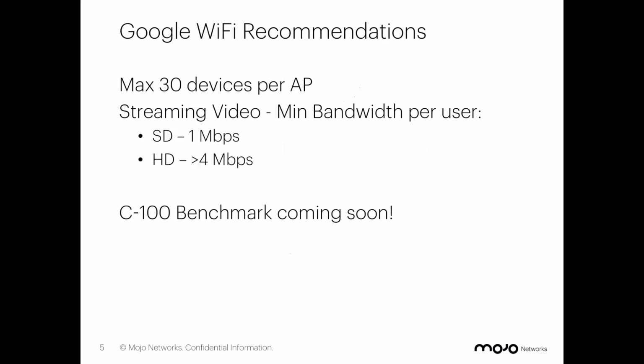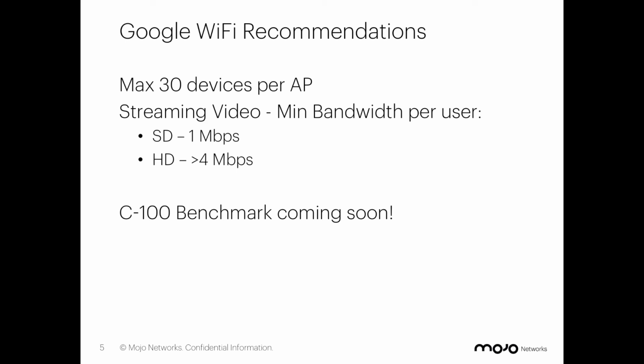I went on to Google's website and looked at what their network recommendations were, just to give an idea of what the recommendations for education is. For classrooms, they're saying you should have an AP that supports 30 devices max. So that's a medium density, not super high density.